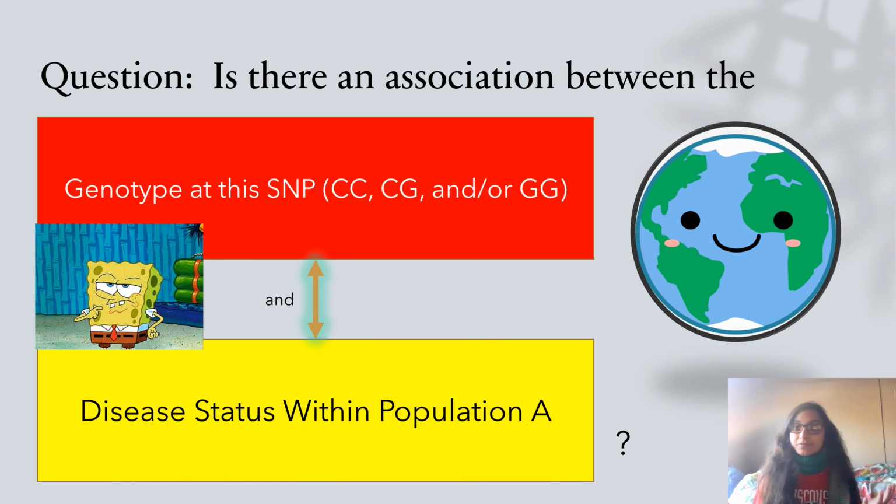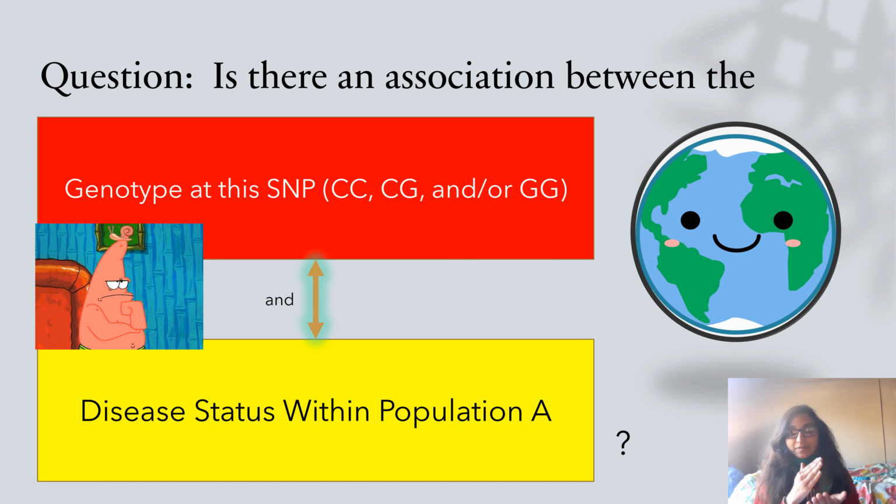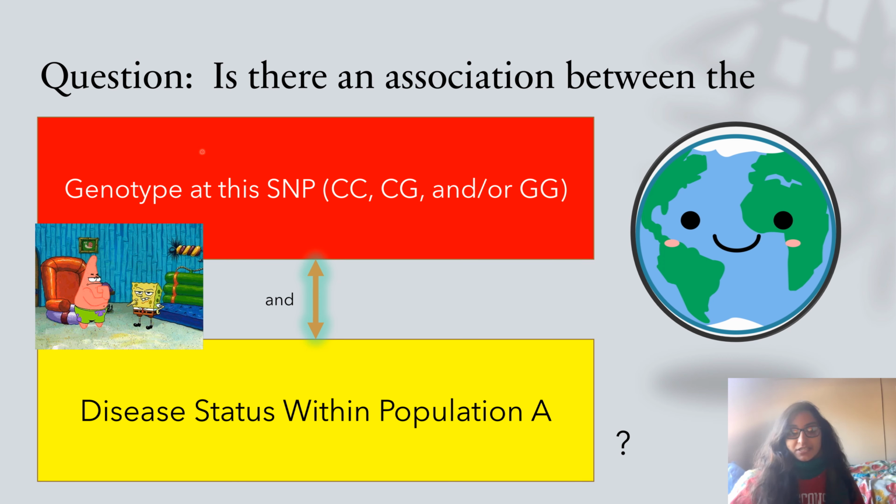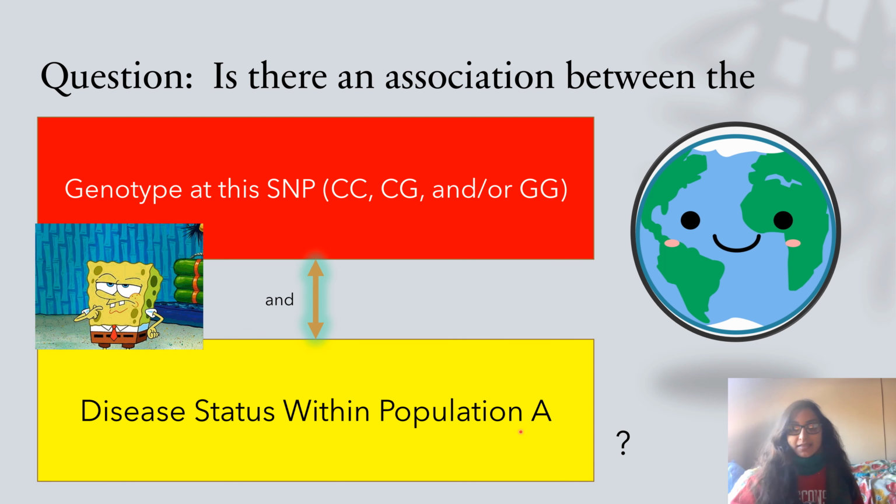Is there an association between the genotype of the single nucleotide polymorphism at this location in the chromosome? And remember, we always have two alleles because we get one from each parent. So we could look at CC, CG, or GG. If we look at the genotype and the disease status within the population, does having one genotype make you likelier to have the disease, type 1 diabetes in this case, than the other?